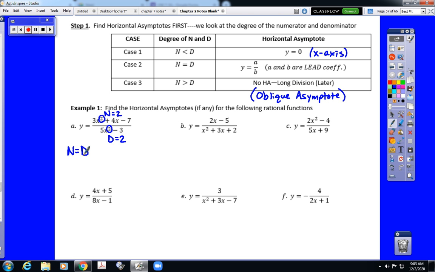They are both 2, which means that the horizontal asymptote is y equals a over b, where a is the lead coefficient of the numerator and b is the lead coefficient of the denominator. So that means that the horizontal asymptote is y equals 3/5.